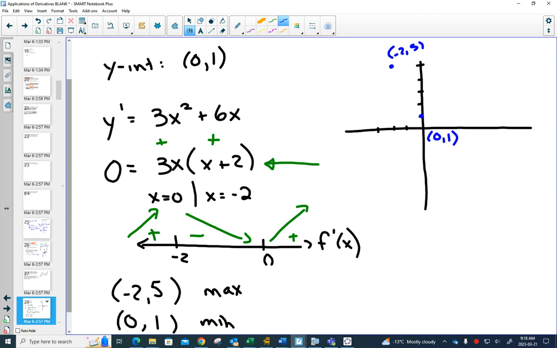We know that our graph has to be increasing then decreasing, then increasing again. And what you try to do is draw a curve as smooth as possible through those points that you have to draw your final graph.